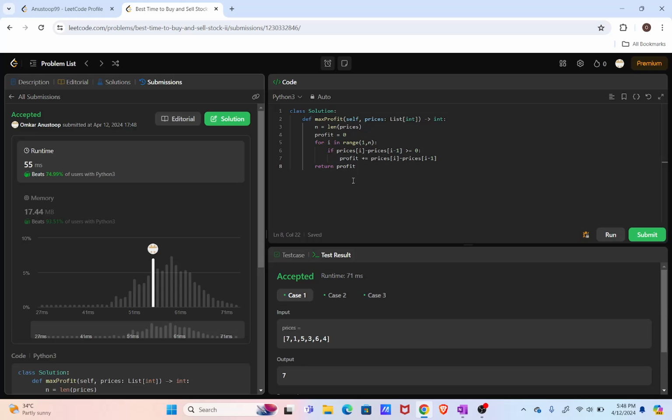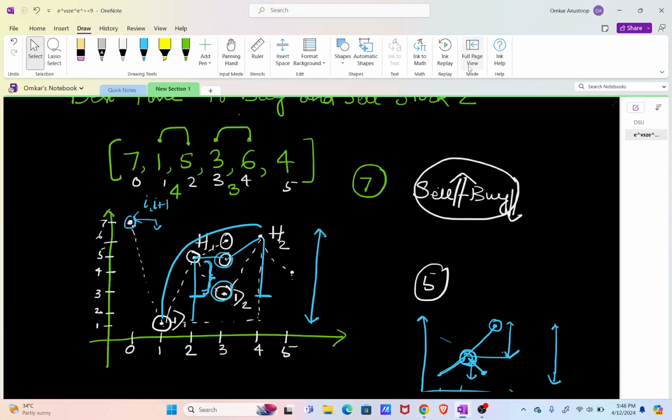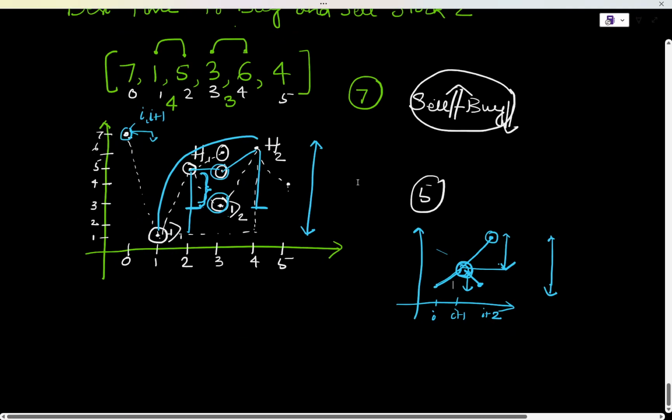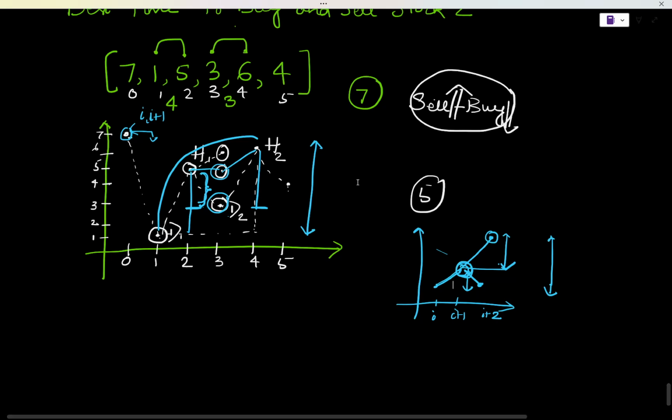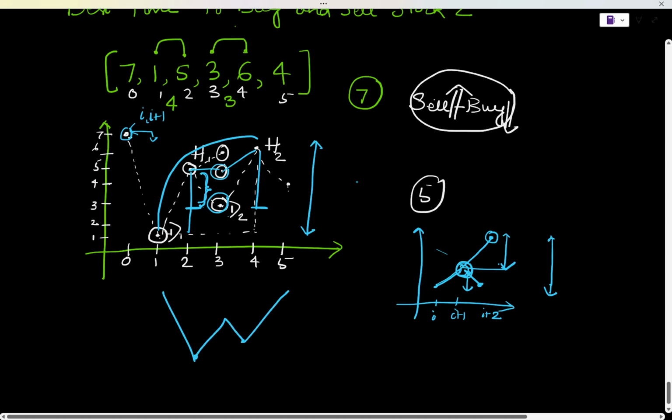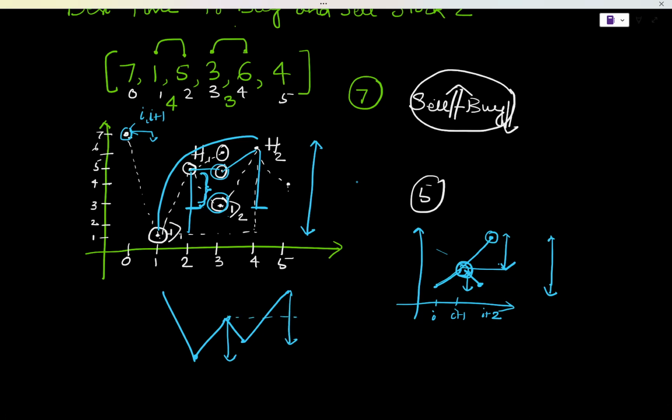Like I said, implementation becomes fairly simple once you understand the key idea for this problem, which is that once you draw a graph, it's very easy to understand that you buy at the trough, the low points, and sell at the high points. Because in case the graph is in a zigzag fashion, as given in this example, you get this much profit and you get this much profit, and this is your overlap.